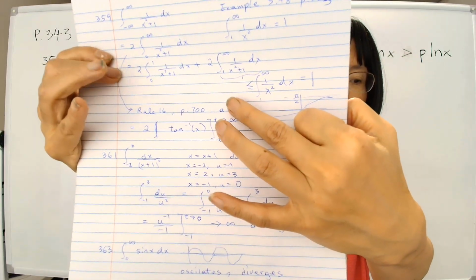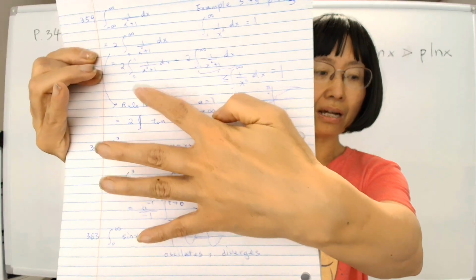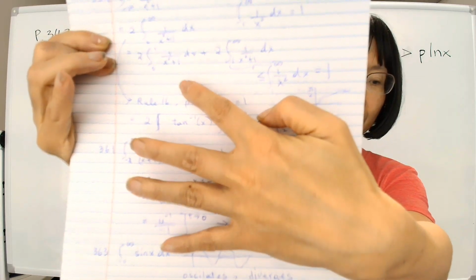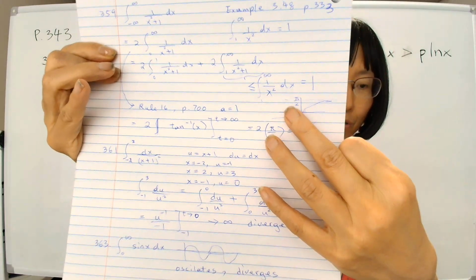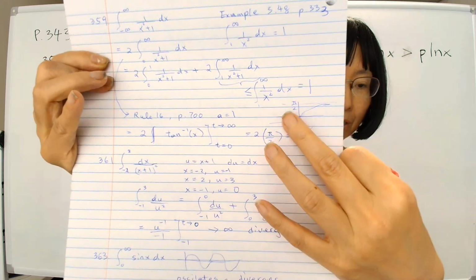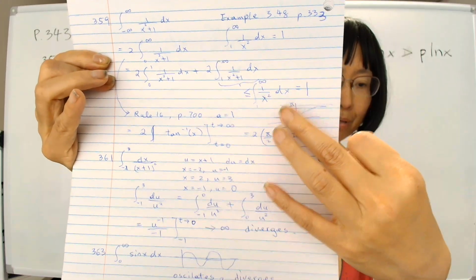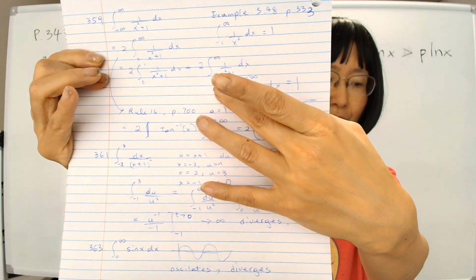Otherwise, this has extra stuff. We know this one works because there's no problem here. The only thing that might not work is this one. Comparing with this example, being that it's smaller, and this example converges, we know this part converges.